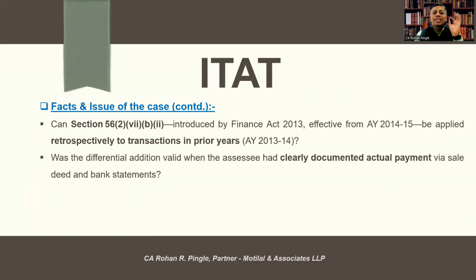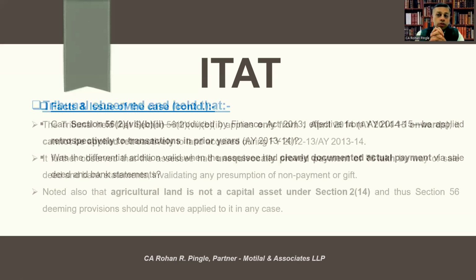Issue was, can section 56 subsection 2 clause 7 subclause B Roman 2, introduced by Finance Act 2013 effective from assessment year 14-15, be applied retrospectively to transactions in prior years, that is AY 13-14. And another issue was, is the differential addition valid when the assessee had clearly documented actual payment via sale deed and bank statements. Let's see what tribunal observed and held.